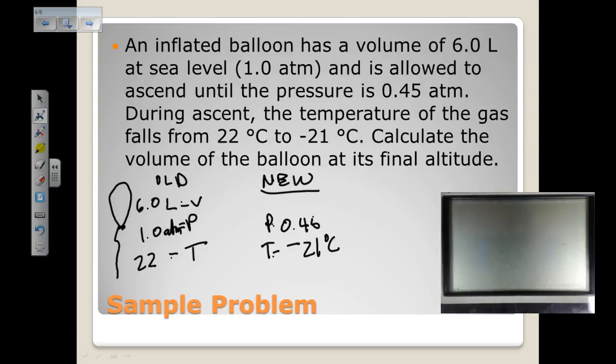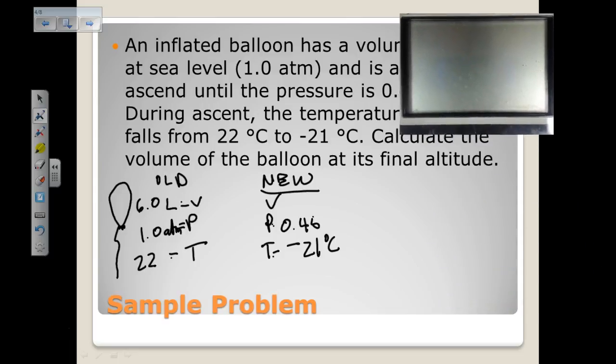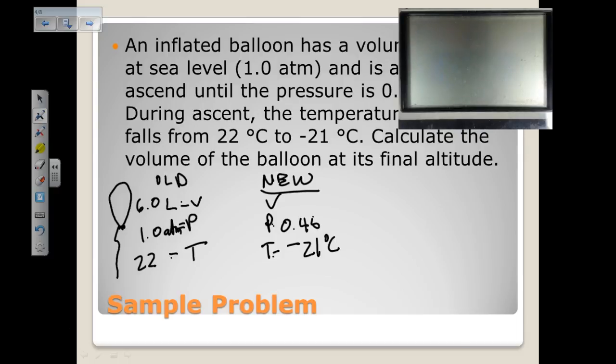We want to know what its final volume is. This is a perfect example of V1 P1 over T1 equals V2 P2 over T2.